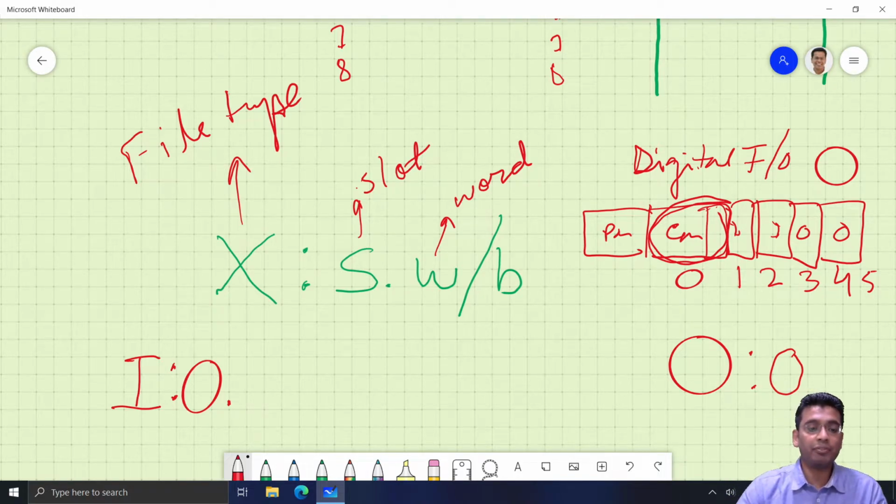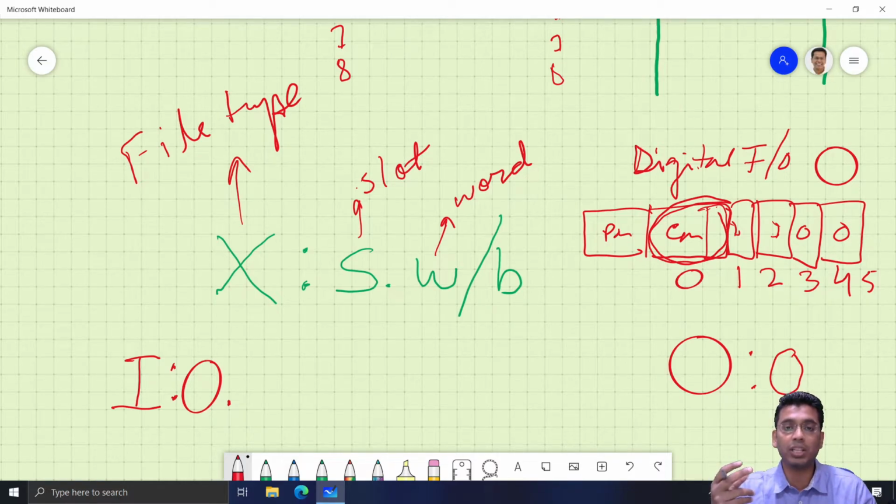If your PLC is 8-bit, then there will be bits 0 to 7, that means 8 bits to make a single word. If your PLC is 16-bit, then there will be 16 bits to make a single word. And all these words also start with 0, 1, 2, 3, and so on, depending upon your case.